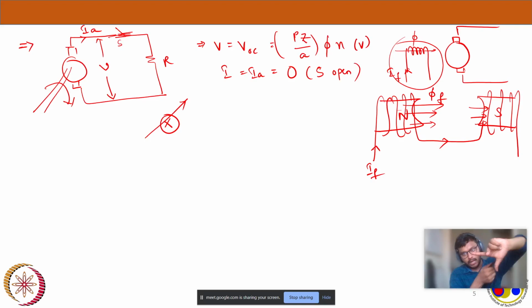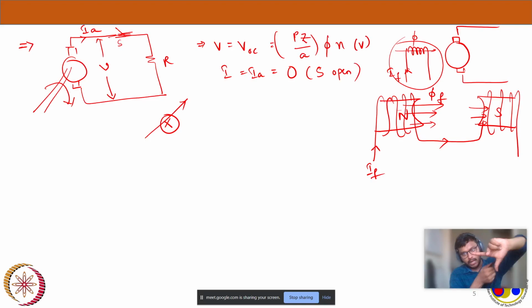From the left hand rule, this is the middle finger, this is the index finger, and my thumb will be downwards. So this will be the direction of my force, the direction of motion. Here my motion is the electromagnetic torque.